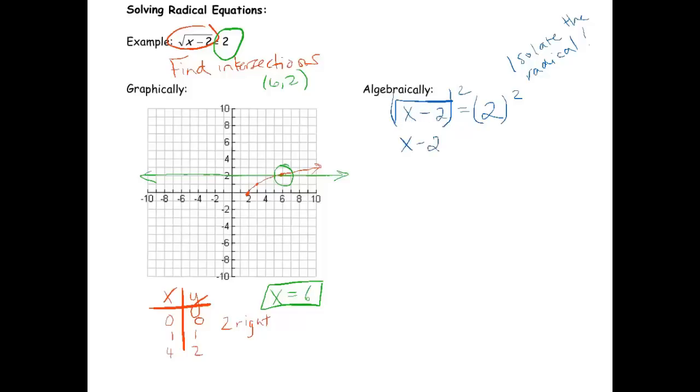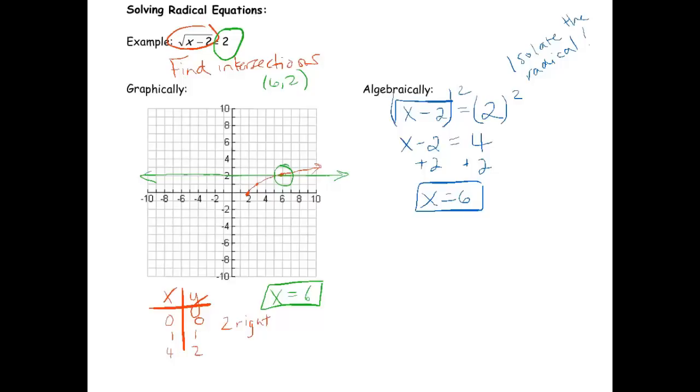So we just have x minus 2 equals 4. Now, this is a pretty simple problem to solve. We'll just add 2 to both sides, and there we go. There's the x equals 6. Notice that they both have the same answer, as they should.